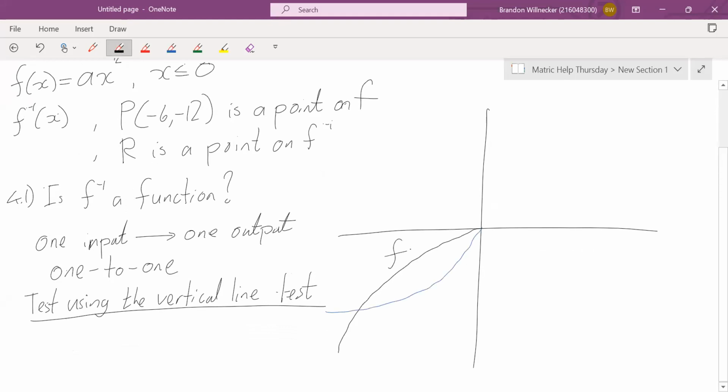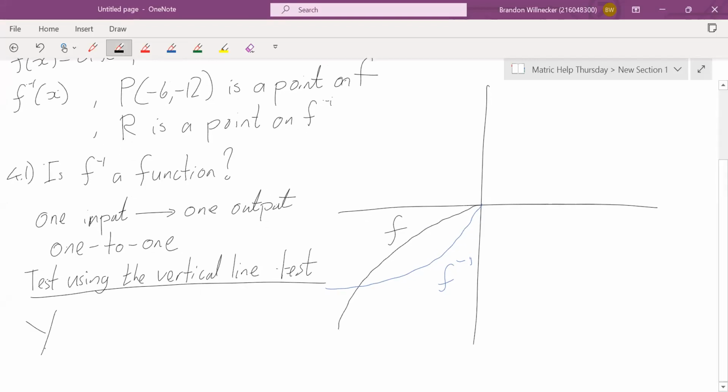Okay, so this is f. This is f inverse. Okay, so if we do the vertical line test for f inverse, we see that it satisfies the test because at each point along x, it only touches one point along y. So yes, f inverse is a function.